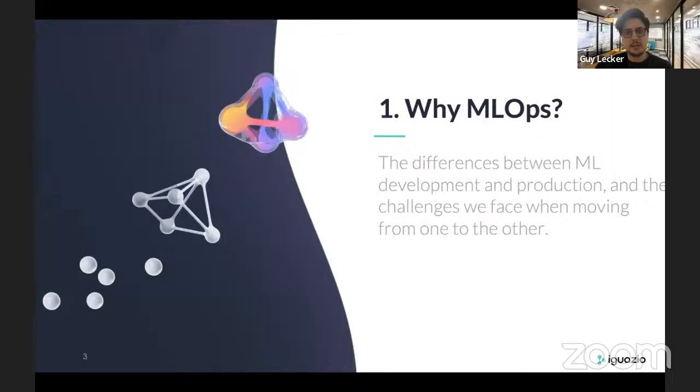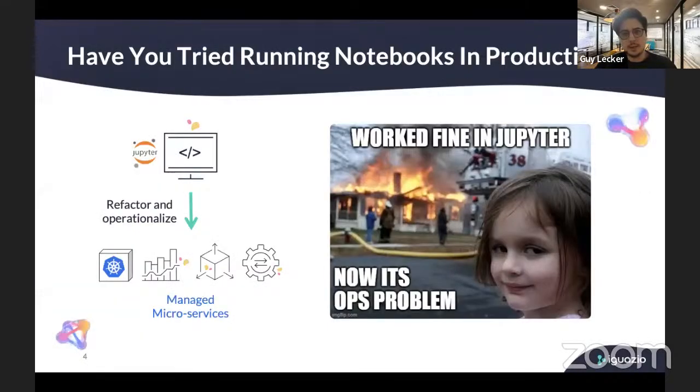MLOps is basically the set of tools that are needed to take your research and make it live for users to use. But did anyone try to deploy their notebook somewhere in a cluster or a server? It's not that easy.